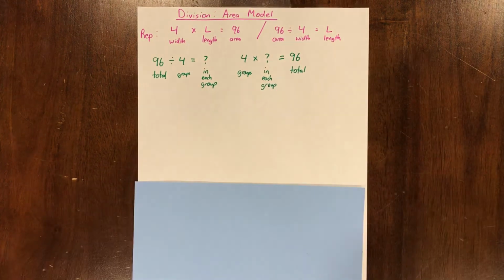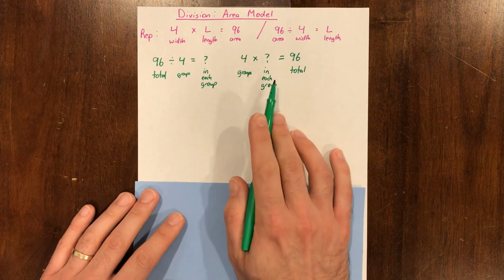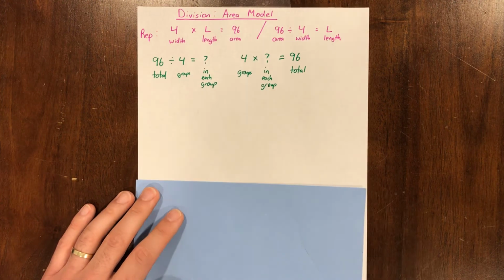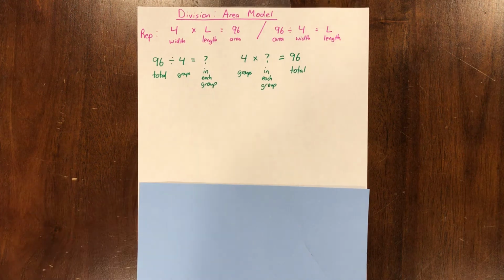Okay, great. So let's put that missing factor number sentence that we have right here in terms of the area of a rectangle. So what do we know about the rectangle? Say it out loud. Yeah, we know it has a width of 4 and an area of 96.